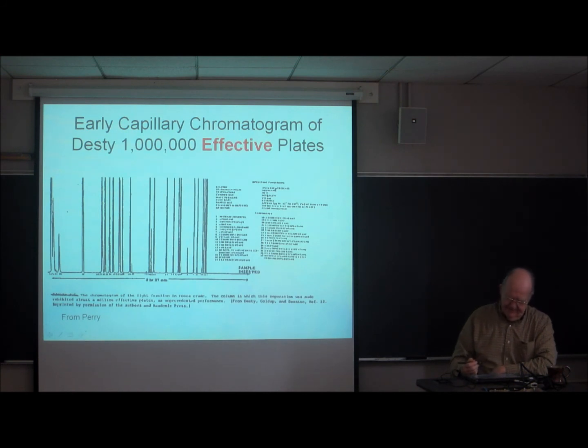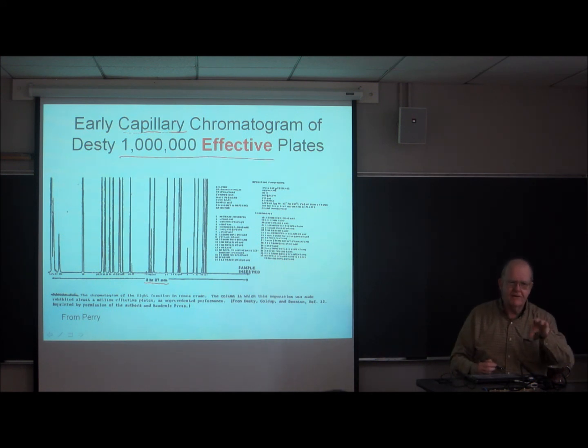This is about 1955. Raymond Dessty at, I think it was, the Royal Dutch Shell laboratory in Britain. He set up one of the very first capillary GC columns, and in 3 hours and 27 minutes he generated 1 million effective plates.